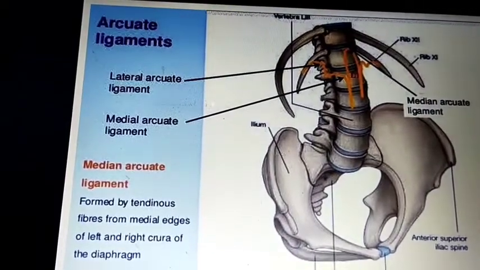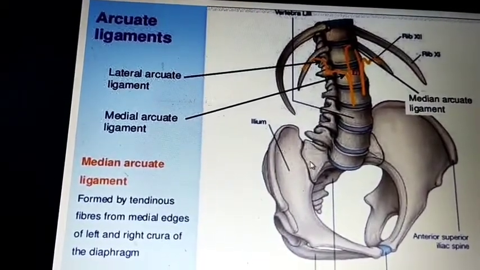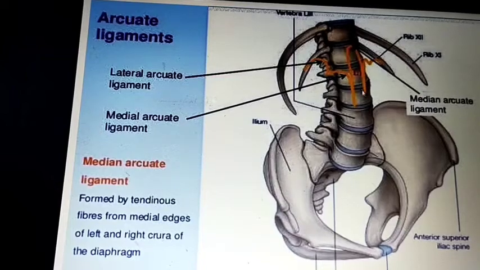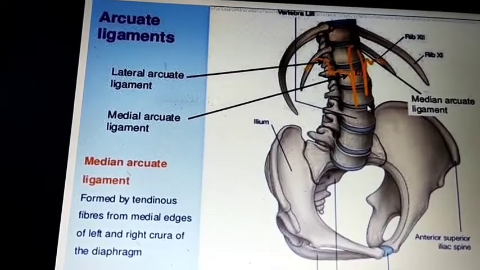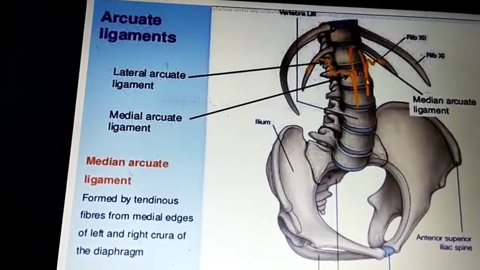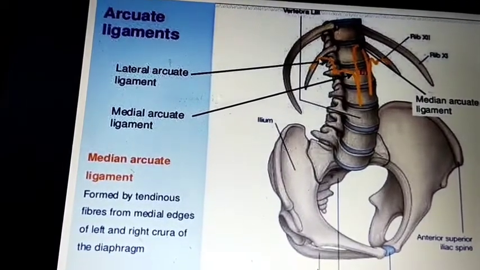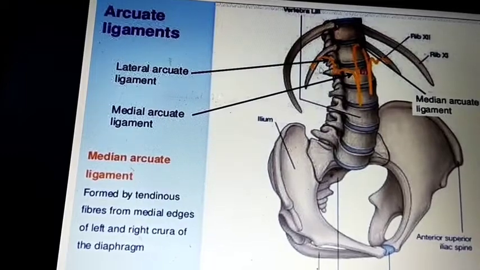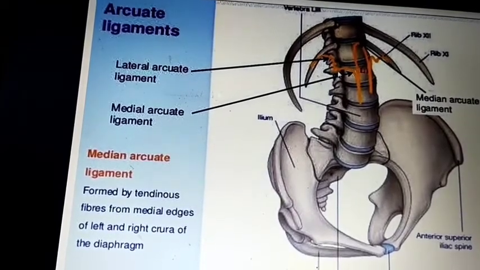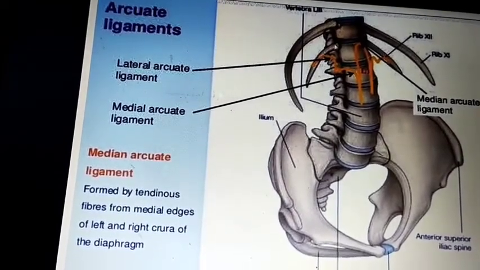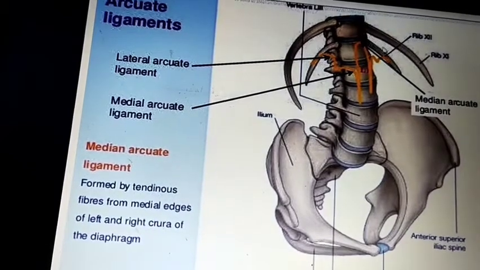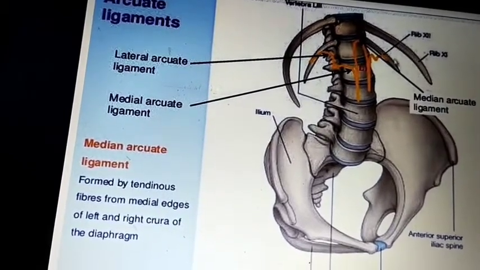Now you can see how the median arcuate ligament, lateral arcuate ligament and medial arcuate ligament were formed. You can see this is the lateral arcuate from the transverse process to the 12th rib. This is the 12th floating rib, and here also.